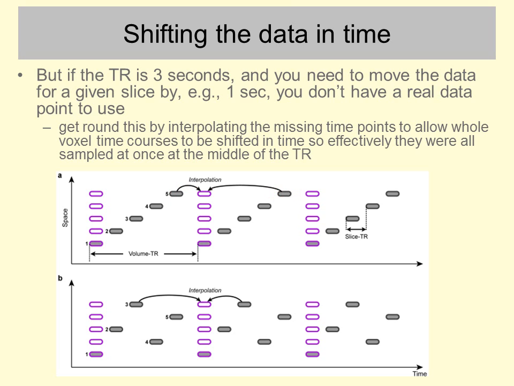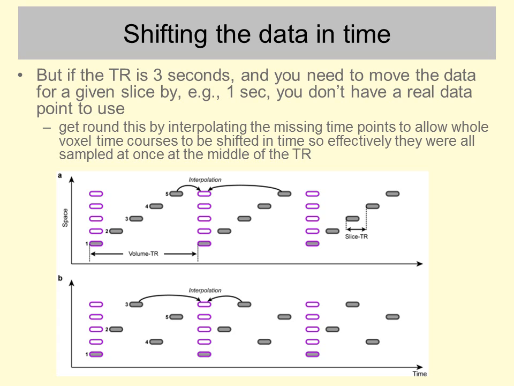The interpolation is obviously going to be based on looking at the value in the next TR compared to the one you actually want to do the interpolation to, and seeing how much the image intensity has changed between the two TRs in order to get some idea of what intensity it was likely to have in between. And this may also take into account multiple time points in order to try and reduce the noise of the estimate.